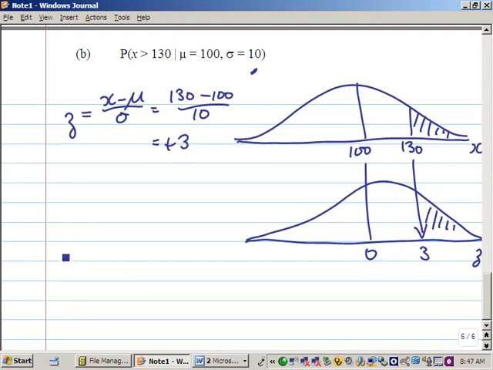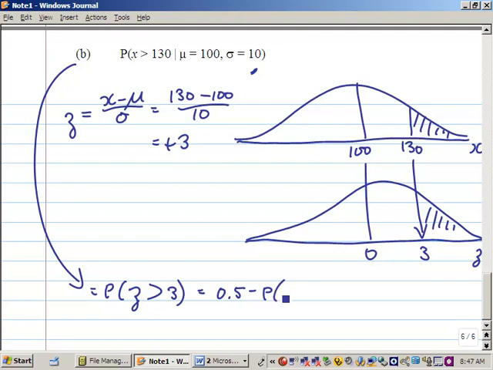Area of the tail. So just like the last one, this is equal to the probability z greater than 3, area of the tail, so it's a half, minus the probability of getting a z between 0 and that limit.